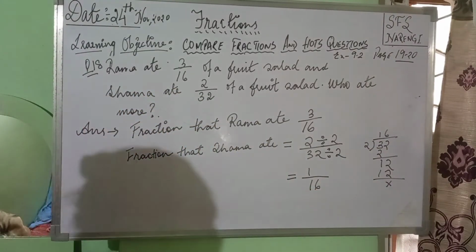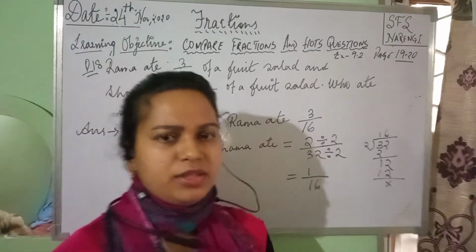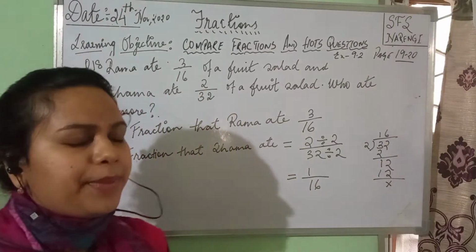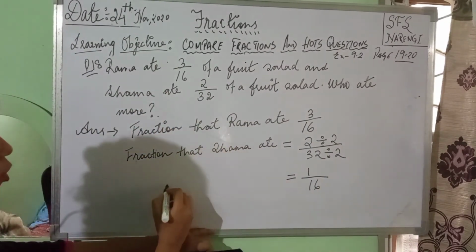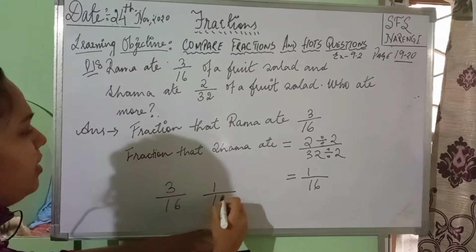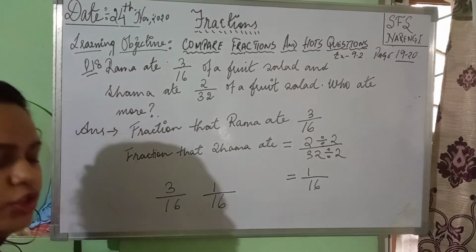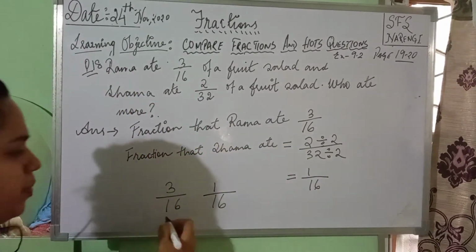All right. Now children, comes the part where you have to compare fractions. Now you have two fractions, right? 3/16 and 1/16. Please note children, to compare two fractions, the denominator has to be equal.